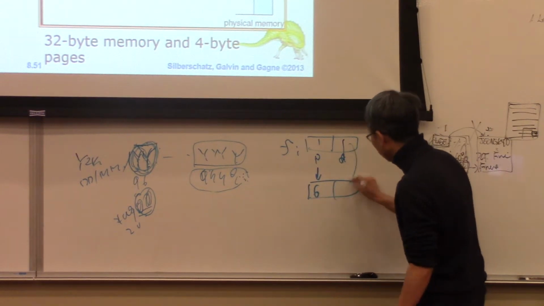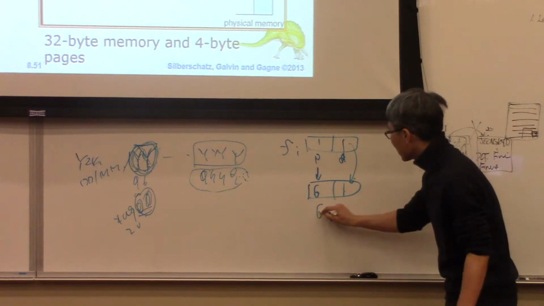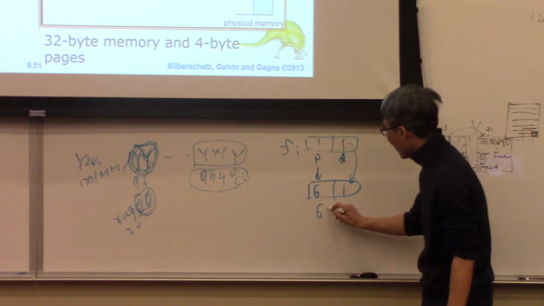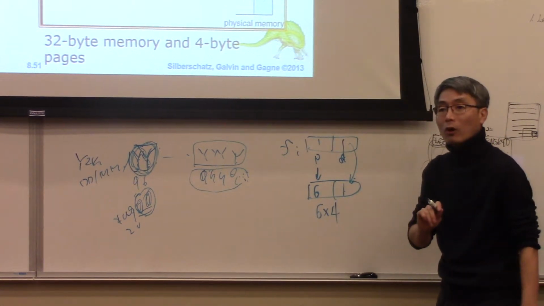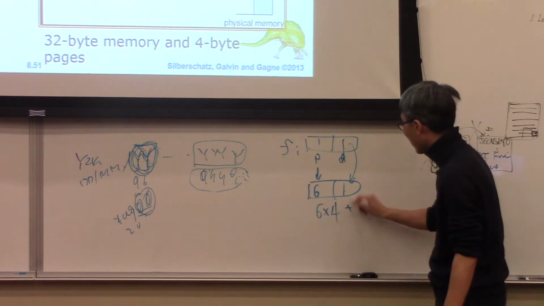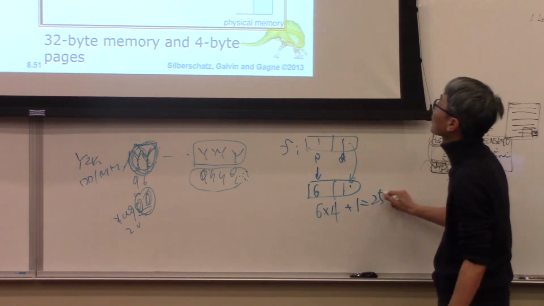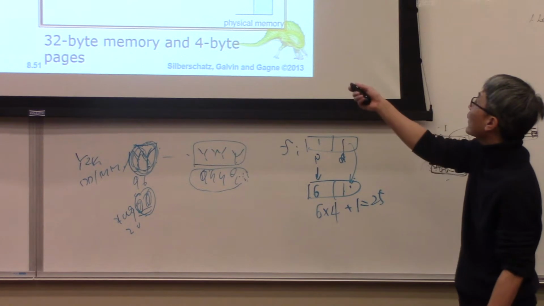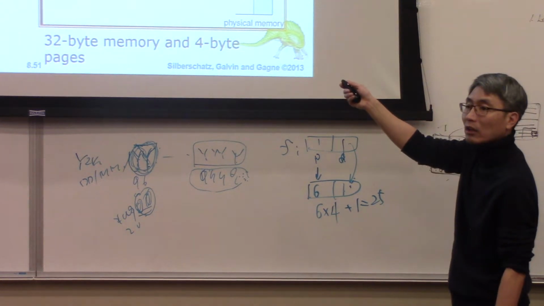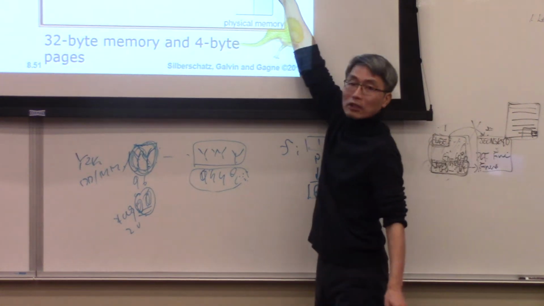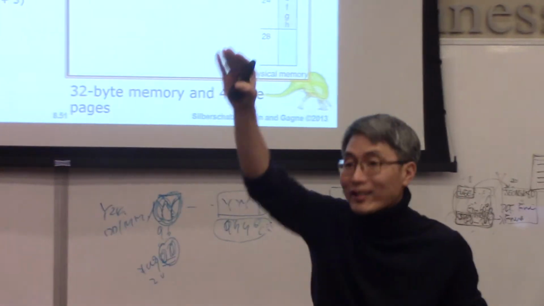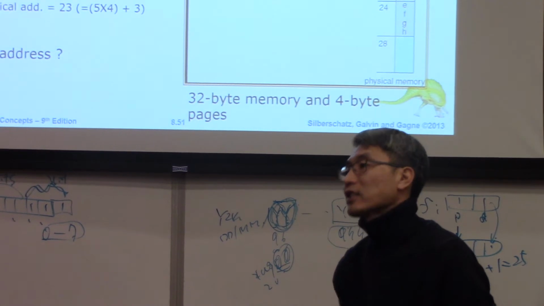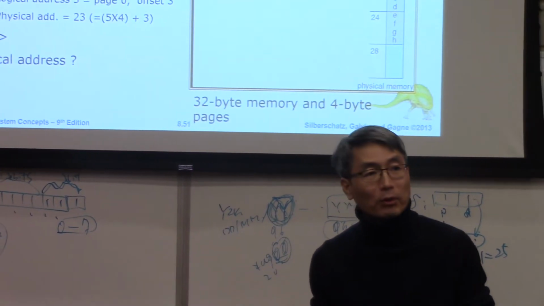So 6 times what? Page size. 6 times 4, right? And plus offset 1, this is going to be 25. So 25 is here. Then read this instruction, transfer it to the register, then the CPU processes this data.